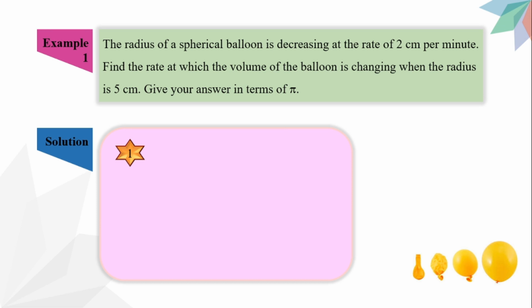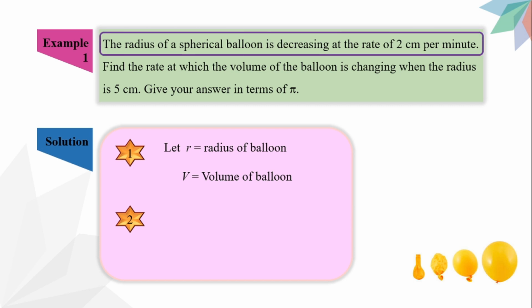You proceed by labeling the given quantities, which we write r equal to radius of balloon and V equal to volume of balloon. For the second step, we identify the given rate and also the rate that we need to find.